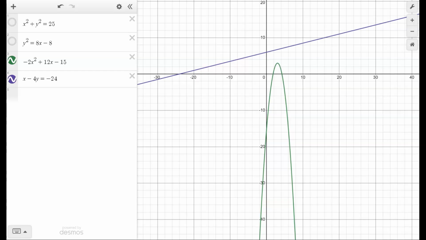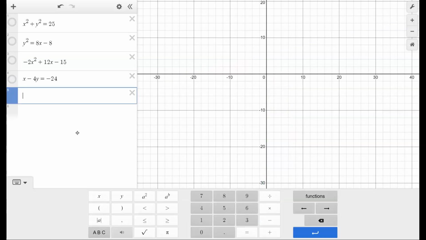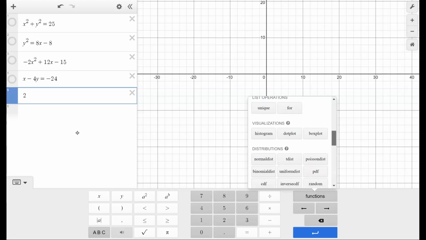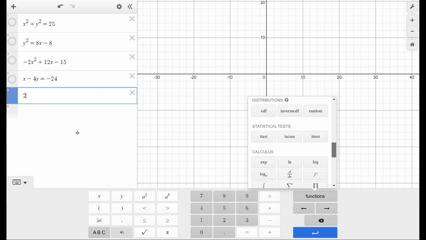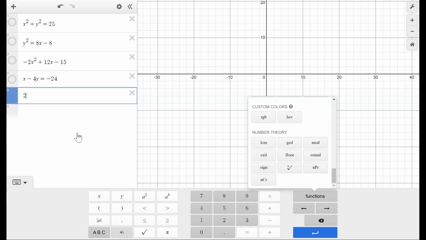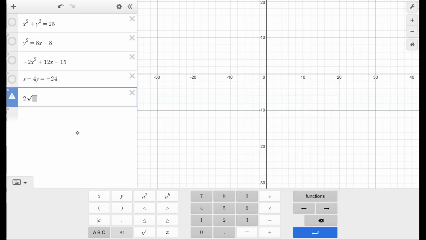Okay. All right, let's take a look at the next two. So here we have a square root function. So we have 2 root x plus 6.